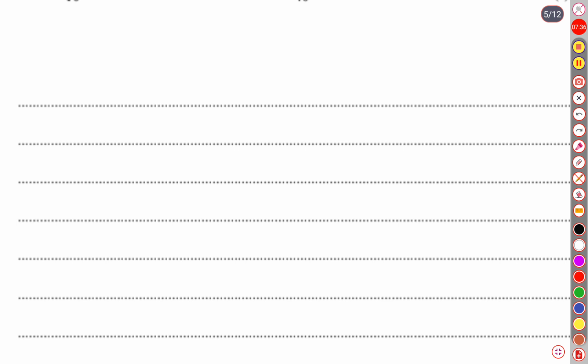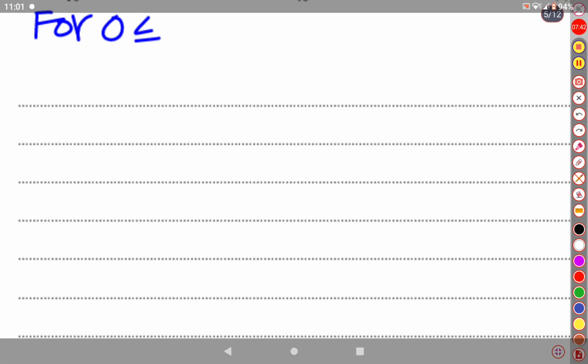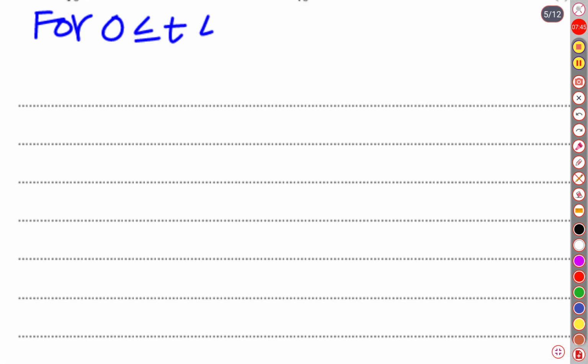The first part was from 0 until 10 seconds. It was the first phase of the journey. For 0 until 10 seconds, we are going to apply the displacement formula, because we should know the shape of the curve.